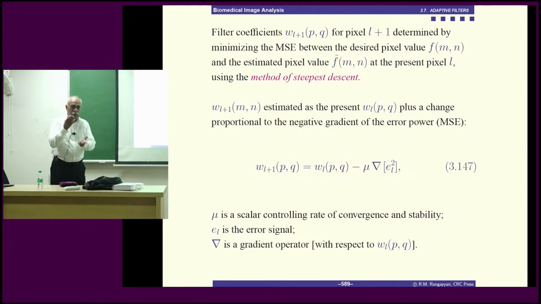You don't want the filter coefficients to vary rapidly. If you make the constraint too tight, then the filter will not be able to adapt. If the filter changes rapidly, there could be instability. So convergence and stability need to be controlled, and that's this factor mu. e_L is the local error signal, and nabla is the gradient operator with respect to w_L(p,q). We will see how to get that.